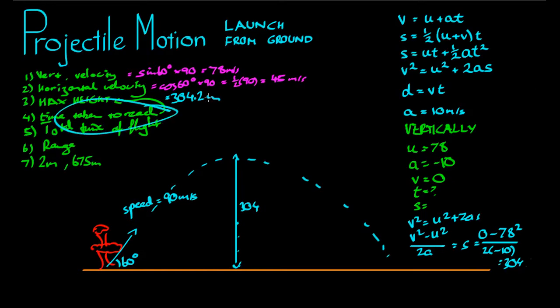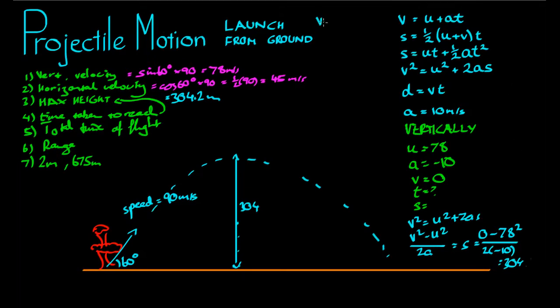The time to reach that max height is a little easier to find. We know u, we know a, we know v, but we don't know t. Which of these formulas has those three knowns? We can use this top one.